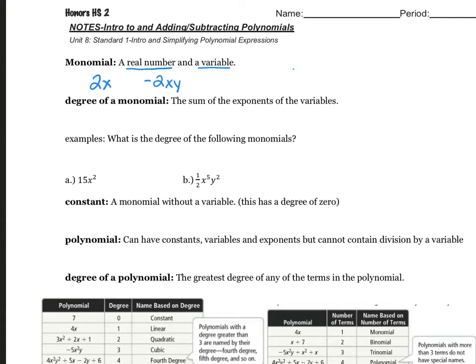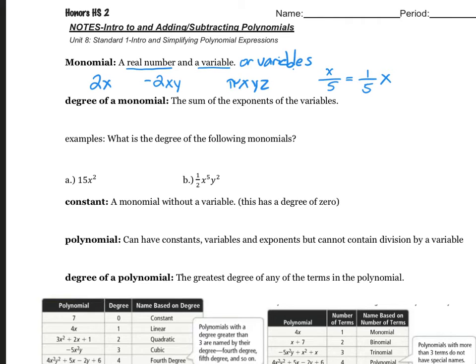So let's actually change this to say n variables or variables. A real number and a variable or variables. Okay, pi is a real number, so we could have pi z, that would be a monomial. Fraction, so x over 5 would be the same as 1/5 x. That would also be a monomial.